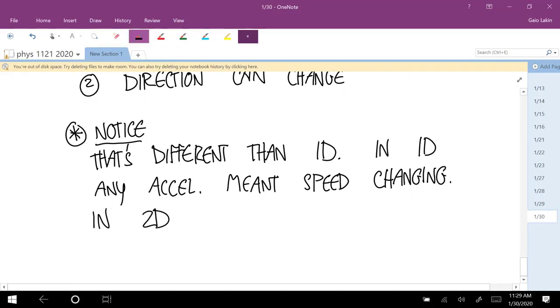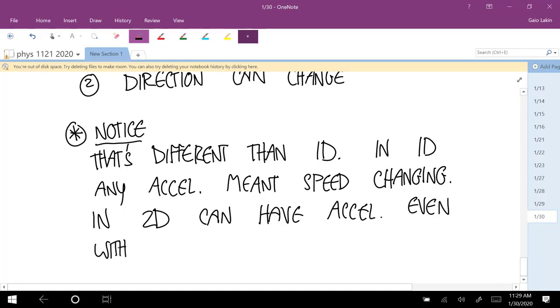In 2D, you can have acceleration even with a constant speed. Okay. So there aren't too many things that are fundamentally different as you go from 1D to 2D and 2D to 3D, but here's something that's fundamentally different. We picked up this idea of turning now, okay?